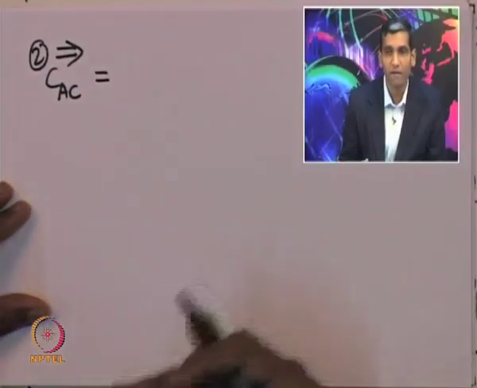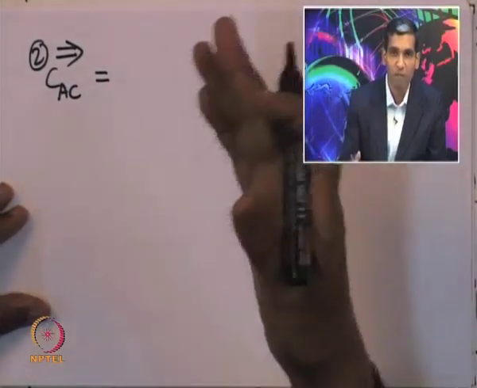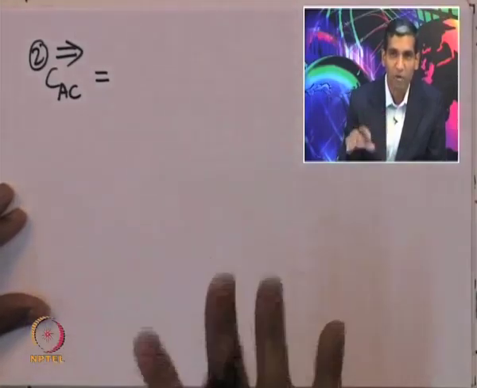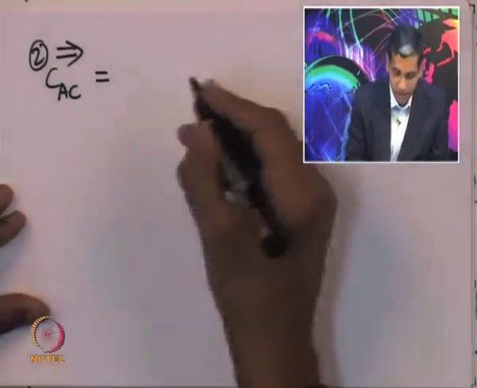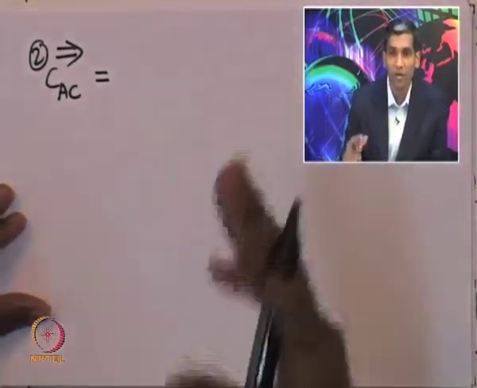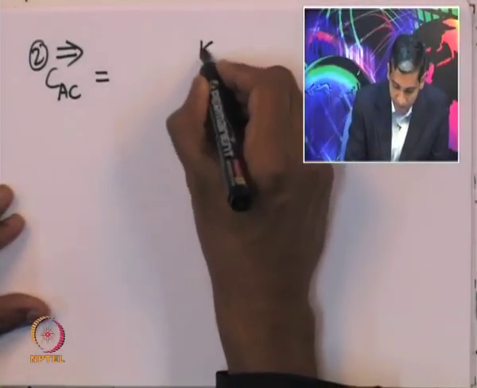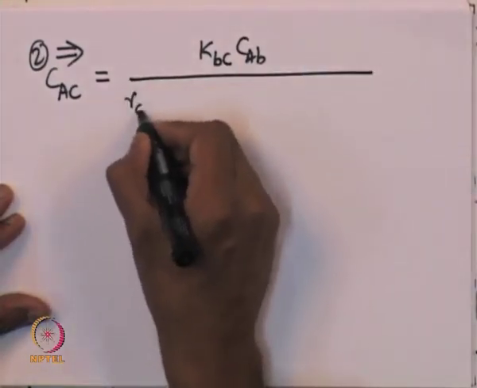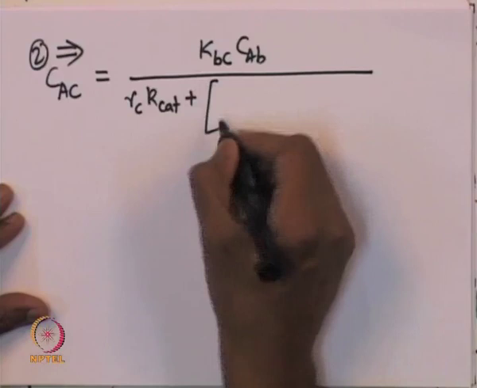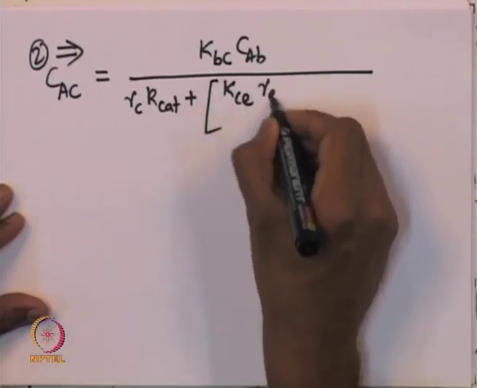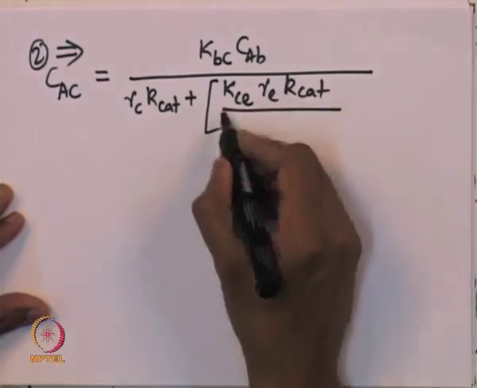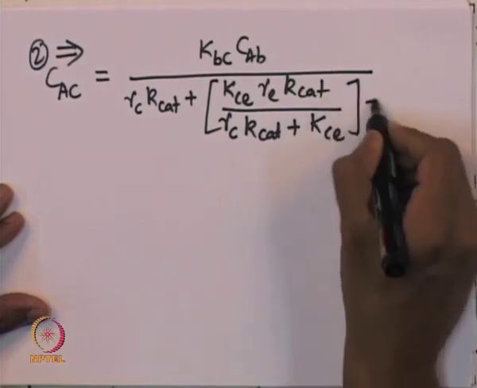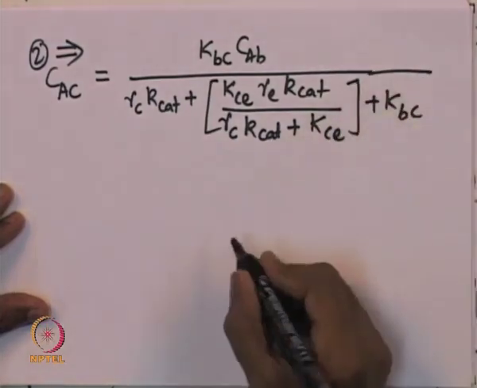Substituting the expression for the concentration in the emulsion phase into the mole balance expression for the cloud phase, we get the concentration of the species in the cloud phase, which is given by KBC into CAB divided by gamma C into K catalyst plus KCE into gamma E K catalyst divided by gamma C into K catalyst plus KCE, plus KBC. That is the corresponding mass transport coefficient.